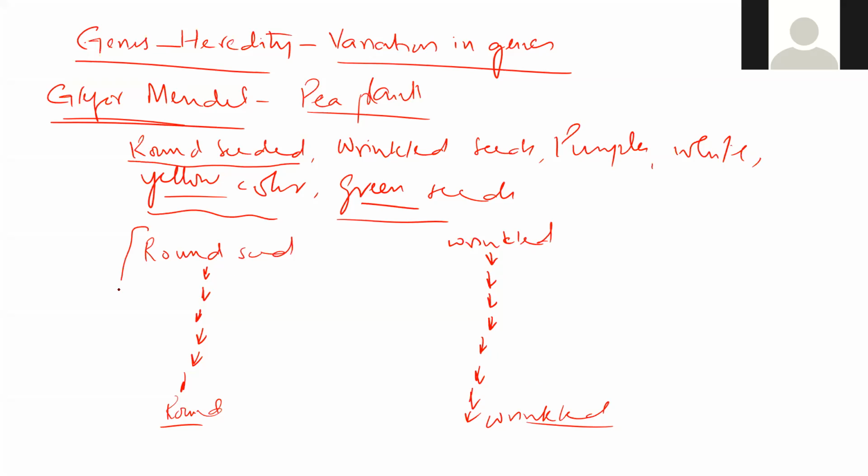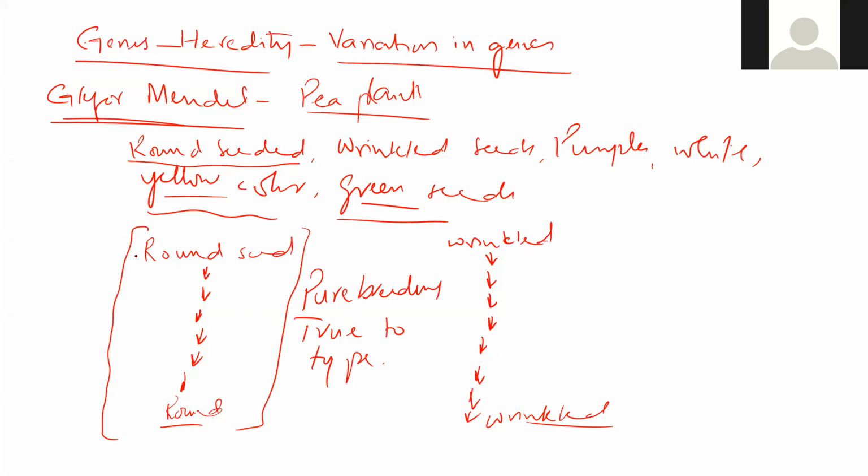We call such parents or progeny or population pure breeding lines, pure breeding, or true to type. Round is always going to produce round. Wrinkled is always going to produce wrinkled.